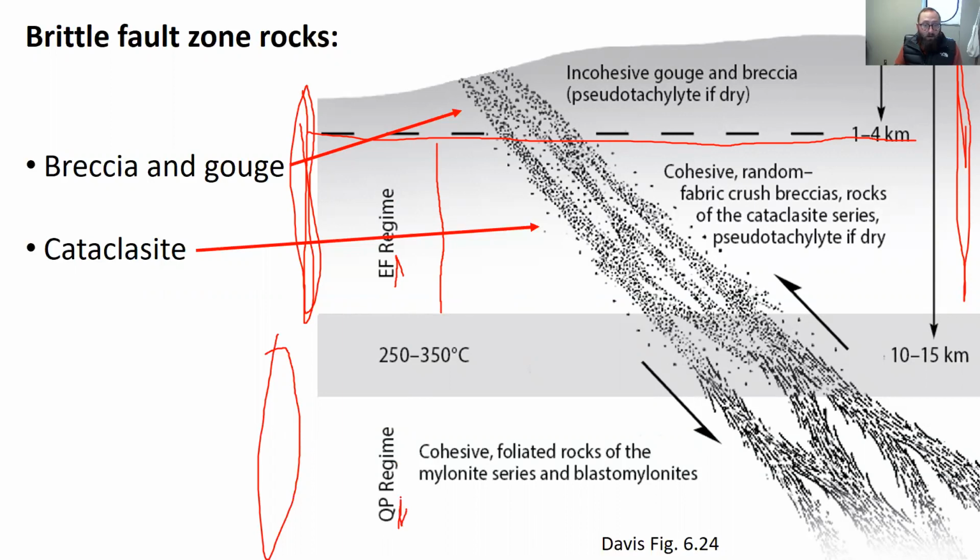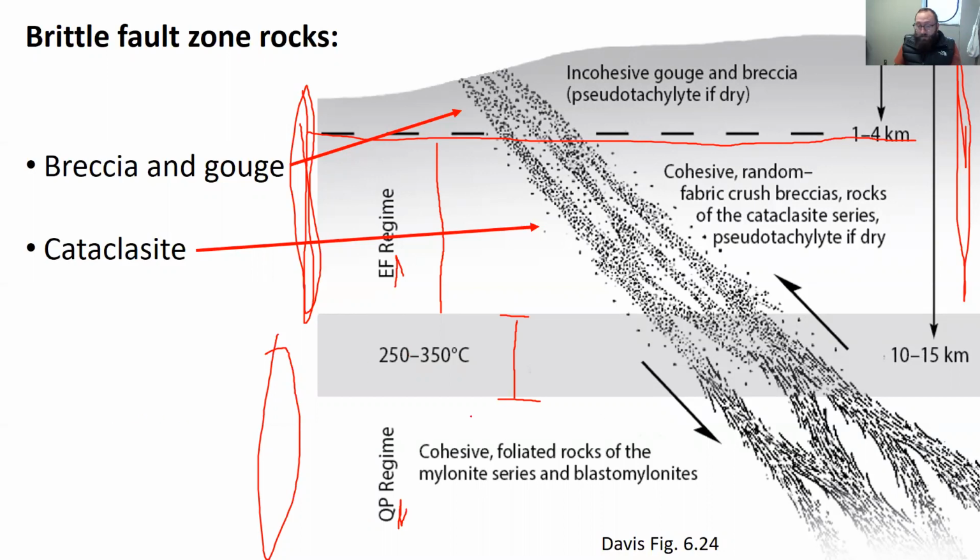Frictional behavior progressively gives way to the plastic regime across a depth transition where temperatures increase from 250 to 350 degrees. At these depths, the power flow laws start to dictate rock strength. We're crossing the brittle-ductile transition, and the creeps are the mechanisms of microstructural deformation at these depths.